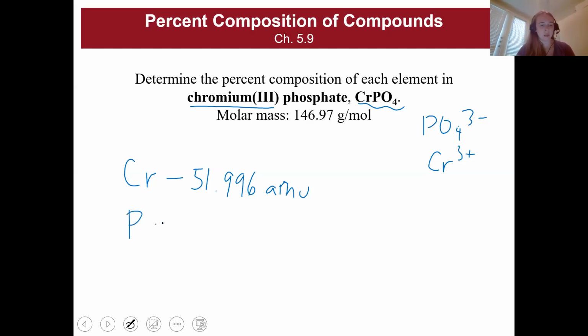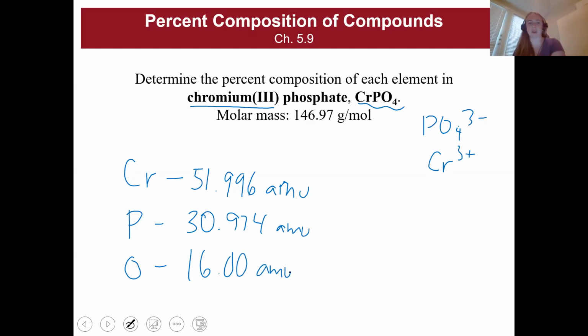Phosphorus is number 15, and it has an atomic mass of 30.974 AMUs. And oxygen is our trusty 16.00 AMUs. All right, so now we have our atomic masses, we have our molar mass, and we have our molecular formula, so we have everything we need.